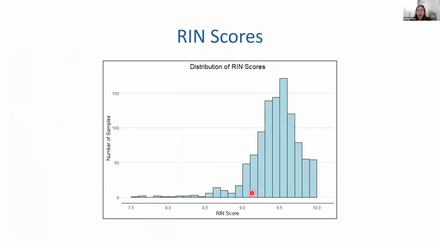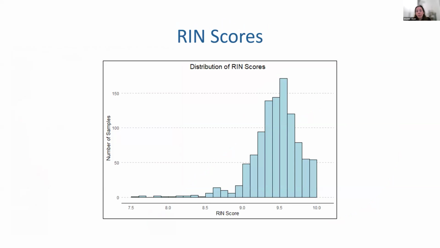In addition to our quality control, we assess the integrity of our RNA using RIN scores. RIN, RNA integrity number, is a score ranging from 1 to 10 that assesses the quality of isolated RNA, with higher values indicating high quality. As shown in this distribution plot, our cohort exhibits very high RNA quality, with RIN scores clustering between 9 and 10.